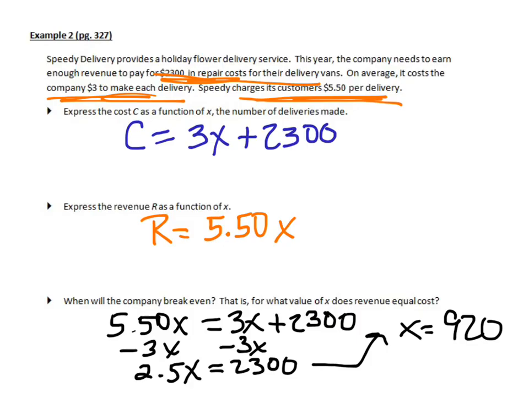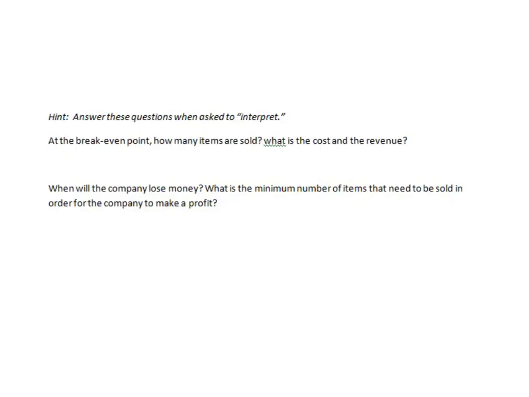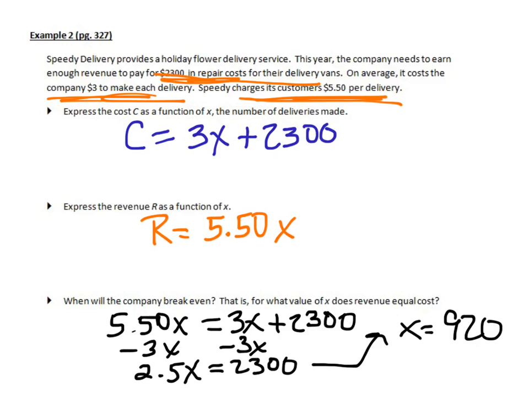Okay, so if we wanted to graph the cost and revenue functions, again we need some axes and some sort of a scale that's appropriate. So notice this time I need an x value of 920. And then anticipating the questions that are coming up, we do want to know what is the cost and revenue at that break-even point. So let's try this out.